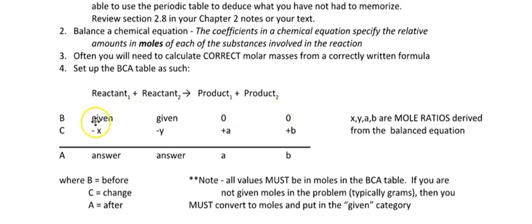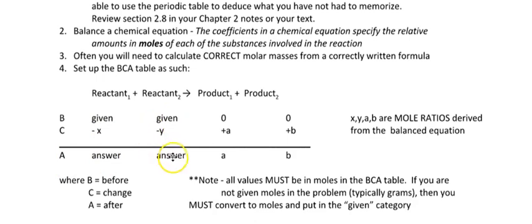As the reaction goes, your reactants are going to be used up, so that's why we subtract here, and you're going to produce more products, so that's why you add here. This is your change. C stands for change. So what's happening throughout this reaction? And then A stands for after, so you take your given minus X and you get an answer.